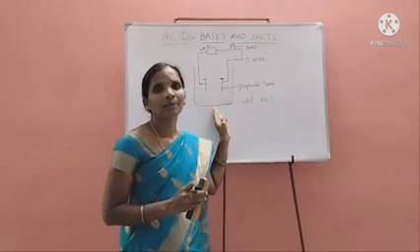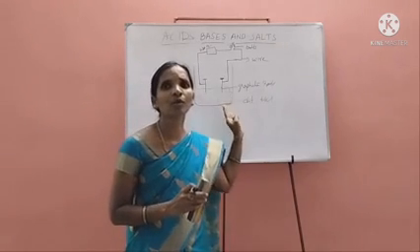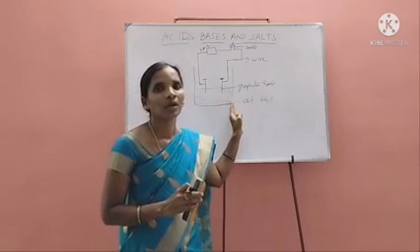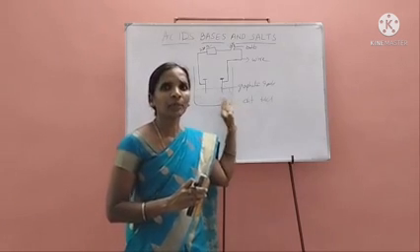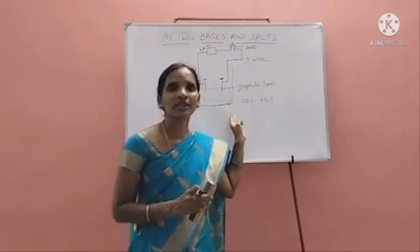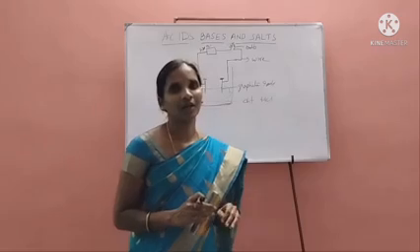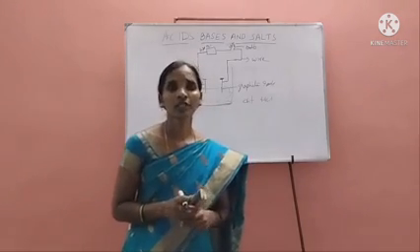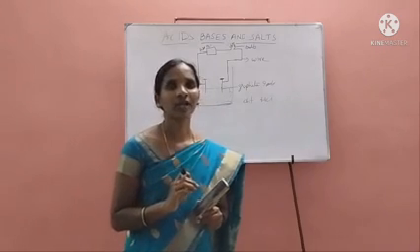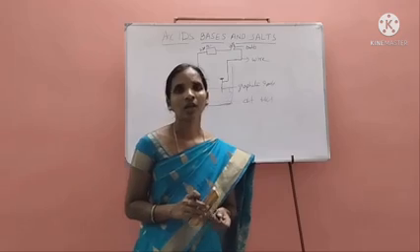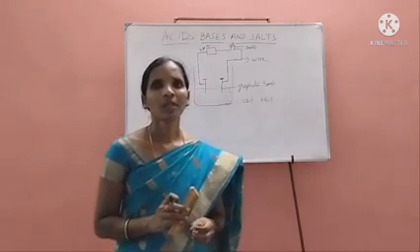You will observe that the bulb glows only in acid solution. Repeat the activity with glucose and alcohol. In all these cases, the bulb glows only in acid solution, but not in glucose and alcohol solution.